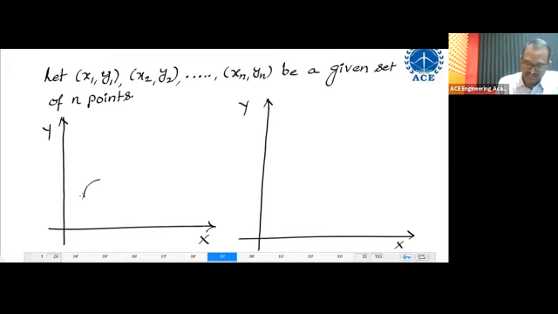Now listen to me. If the scatter diagram approximately concentrates around a curve, that is called curve of best fit. This is a curve. This is a line. Scatter diagram means what? Set of points.